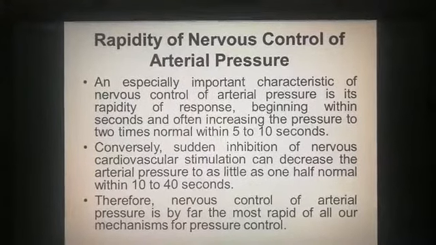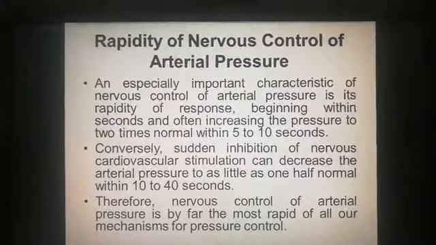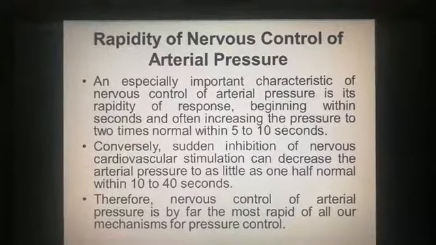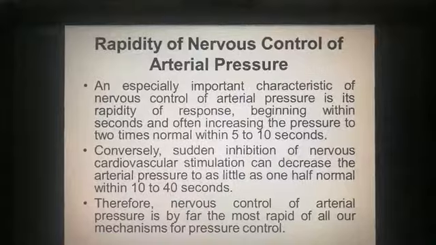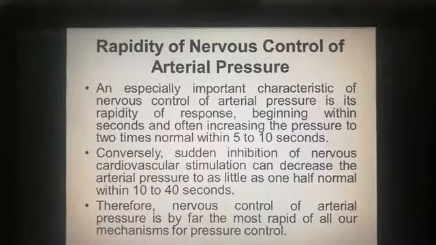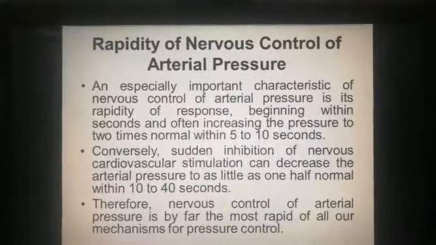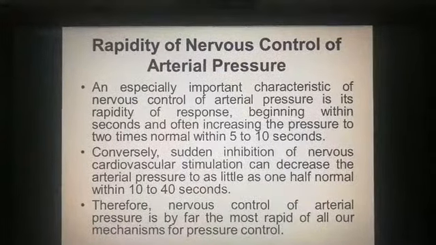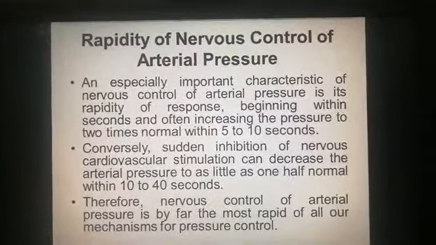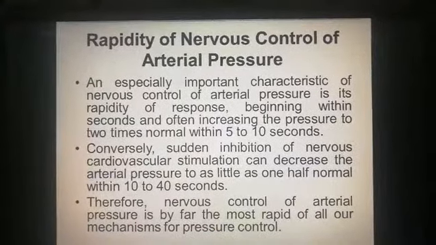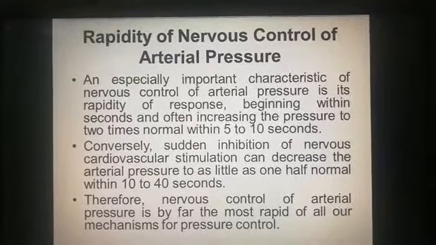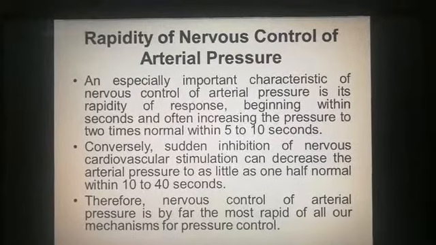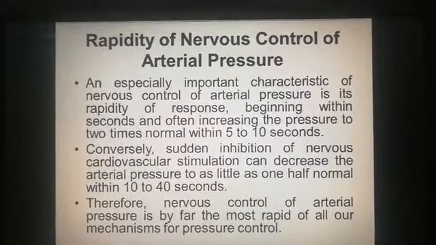Rapidity of nervous control of arterial pressure. An especially important characteristic of nervous control of arterial pressure is its rapidity of response, beginning within seconds, often increasing the pressure to 2 times normal within 5 to 10 seconds. Conversely, sudden inhibition of nervous cardiovascular stimulation can decrease the arterial pressure to as little as 1/2 the normal within 10 to 40 seconds.